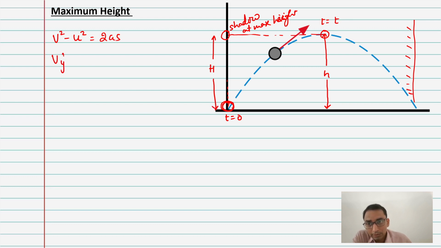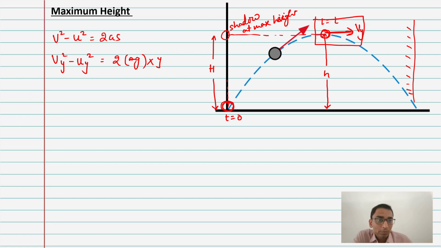So I'm going to simply apply the y-axis formula over here. So vy square minus uy square is equal to 2ay, that is minus g times y, correct? And we do know that at the final location vy is 0, because at this particular location at maximum height, velocity is purely parallel to the x-axis. So the y component of velocity is 0. So simply this term is 0 minus uy's initial component, initial velocity's y component.